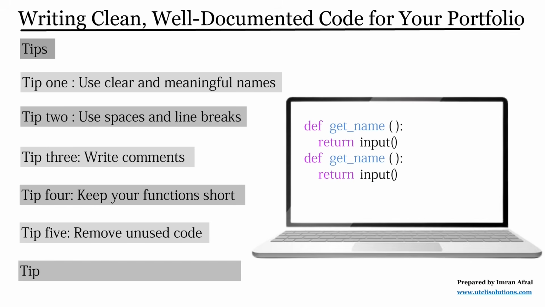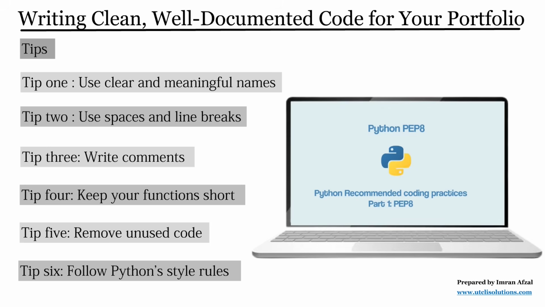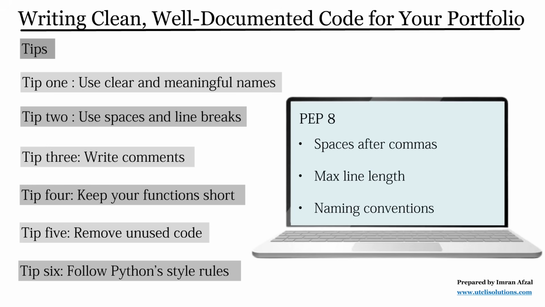All right, then tip number six, follow Python's style rules that we have talked about many times in our course. Python has a style guide called PEP8, spelled P-E-P and the number 8. It shows the best way to format your code properly.